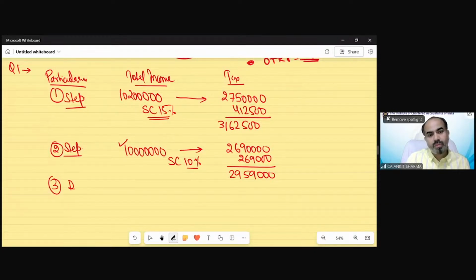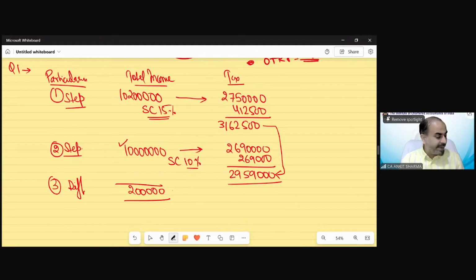So the third step is just to calculate the difference: the difference of income and the difference of tax. You can see the difference of income is just 2 lakh rupees. The income has been increased by only 2 lakh rupees, and the amount of tax which has increased due to this income increment would be 2,03,500 rupees. So tax is more than the increment of income.